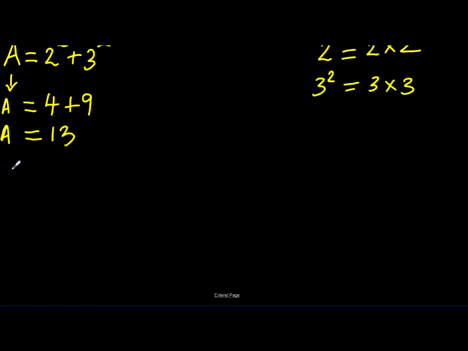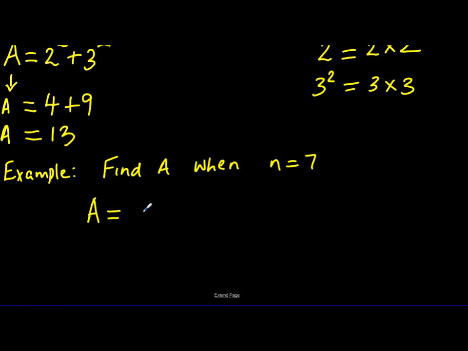What about another example where we are dealing with more than one variable? So find A when n equals 7. And we have A equals 180 times (n minus 2) over (n plus 5).